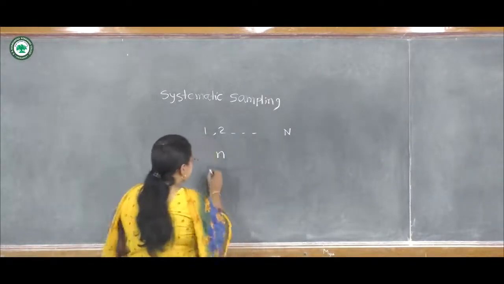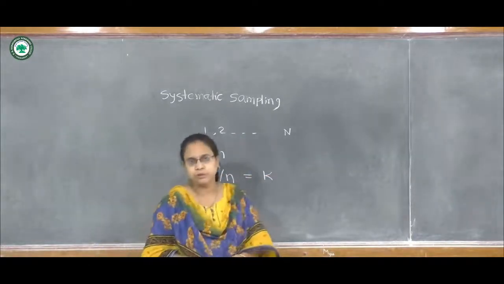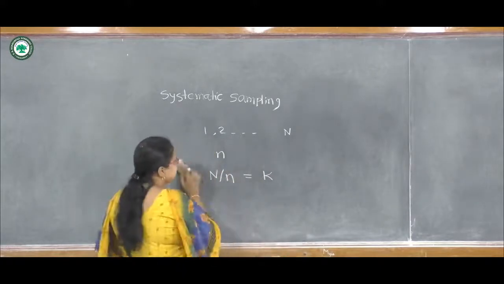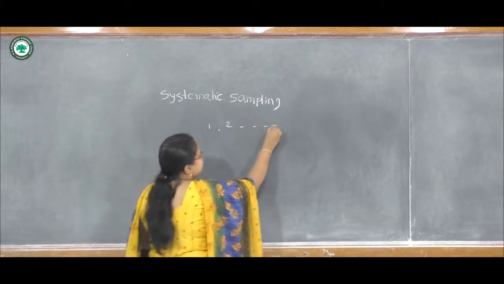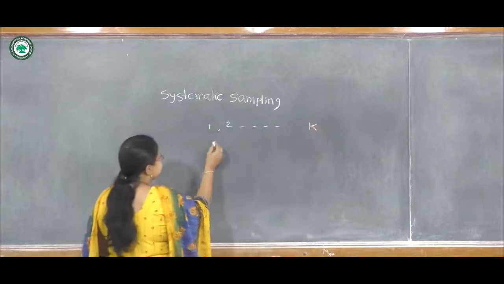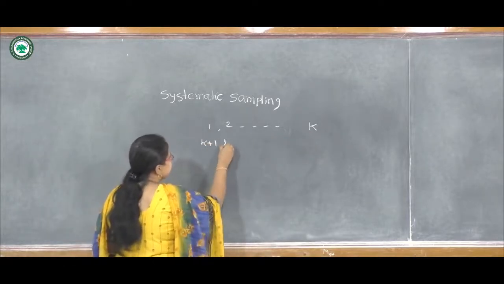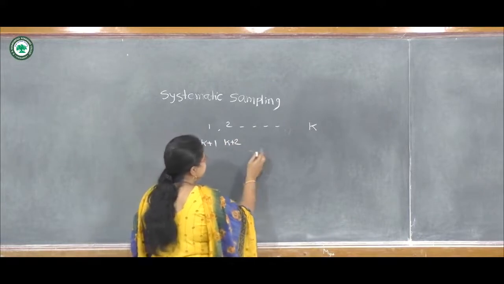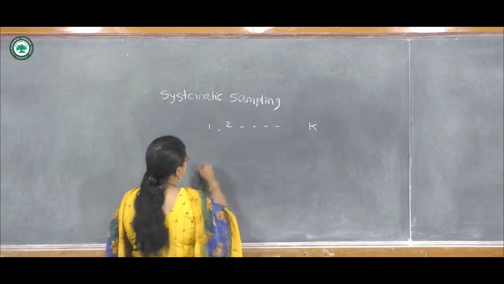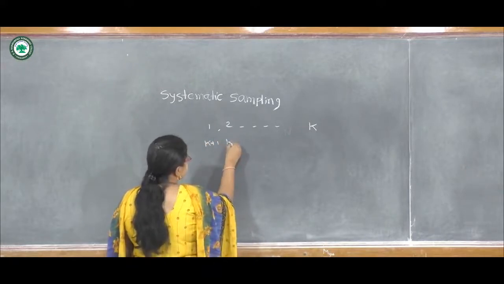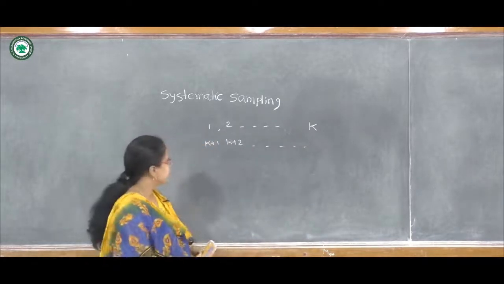Then we make N upon n equal to k, that is k number of groups. So 1 up to k groups we make. So observations are arranged 1 up to k, then k plus 1, k plus 2, and in this way we make the groups.